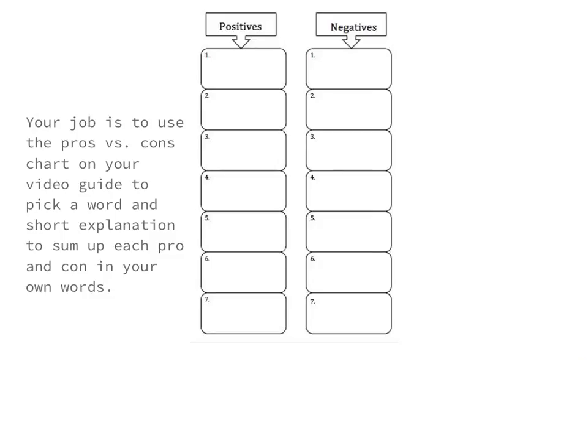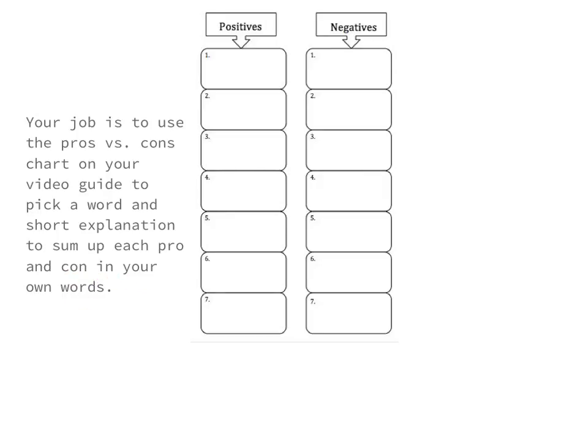So we are going to be summarizing these pros and cons onto this chart here that you will be putting inside your flipbook. So your job is to use the pros versus cons chart on your video guide to pick a word and short explanation to sum up each pro and con in your own words.